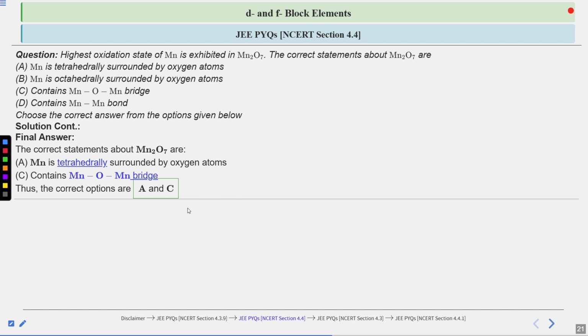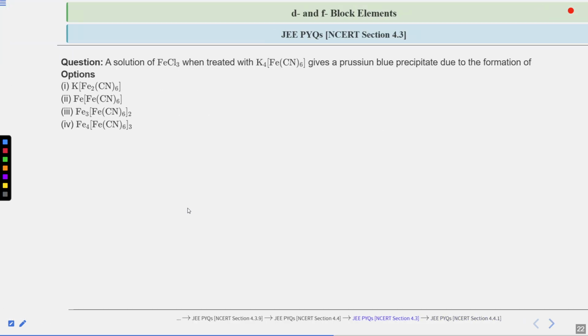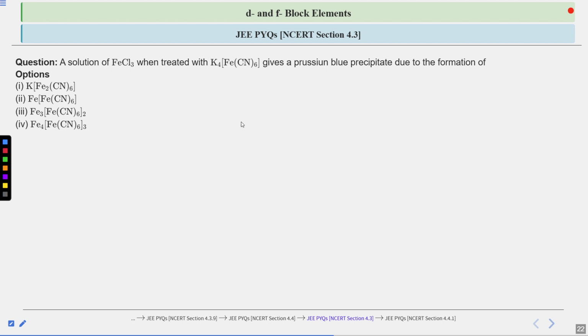Okay. Let's move to our next question. This is a JEE PYQ and this is covering NCERT section 4.3. The question is: a solution of FeCl3 when treated with K4[Fe(CN)6] gives a Prussian blue precipitate due to the formation of what? So you have a solution of FeCl3.